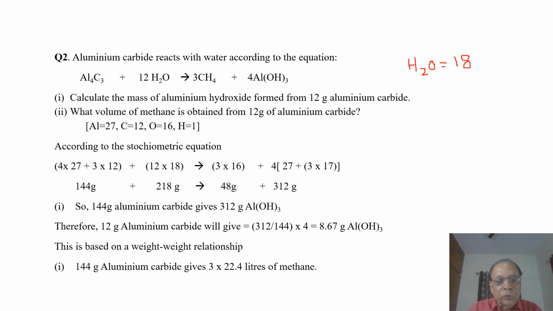So 144 grams aluminium carbide will give 312 grams of aluminium hydroxide. Therefore, 12 grams aluminium carbide will give 312 divided by 144 into 12, which is 26 grams aluminium hydroxide. This is based on weight-weight relationship in a stoichiometric equation.